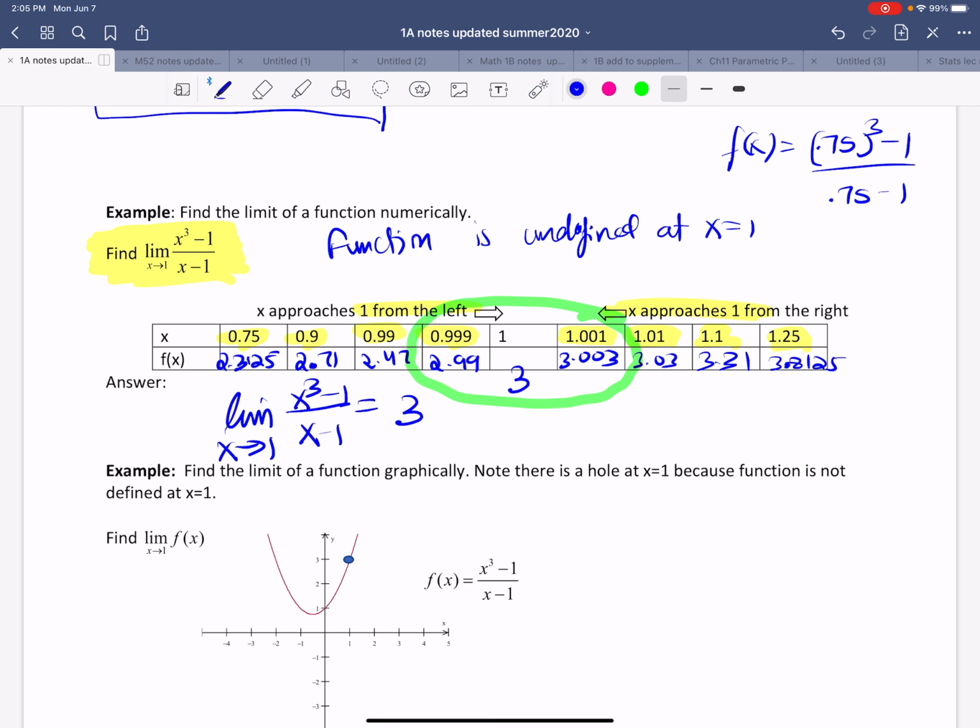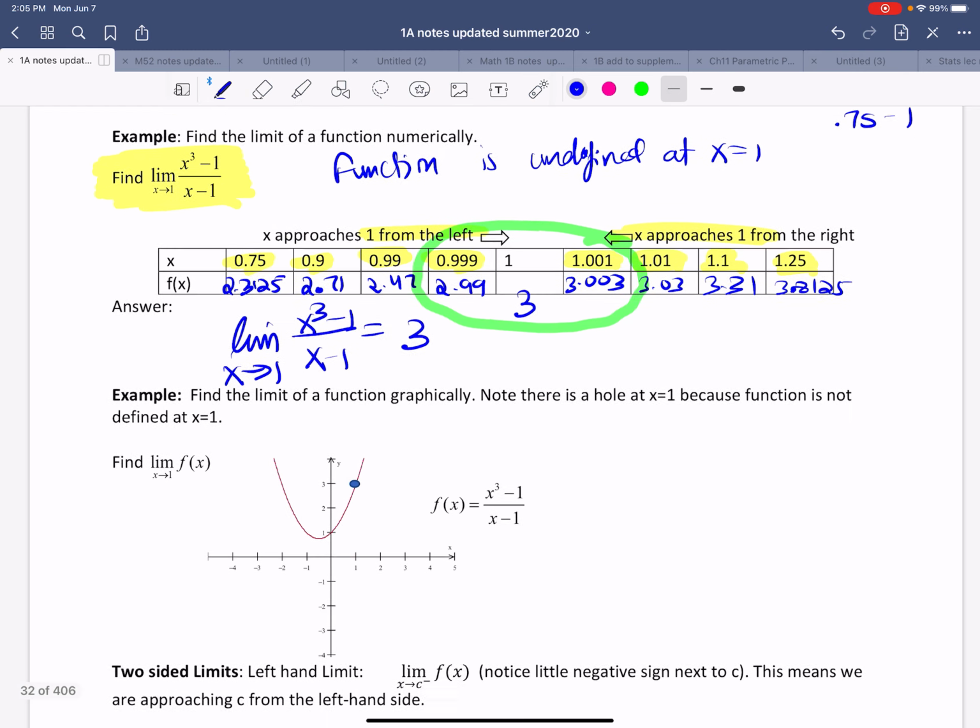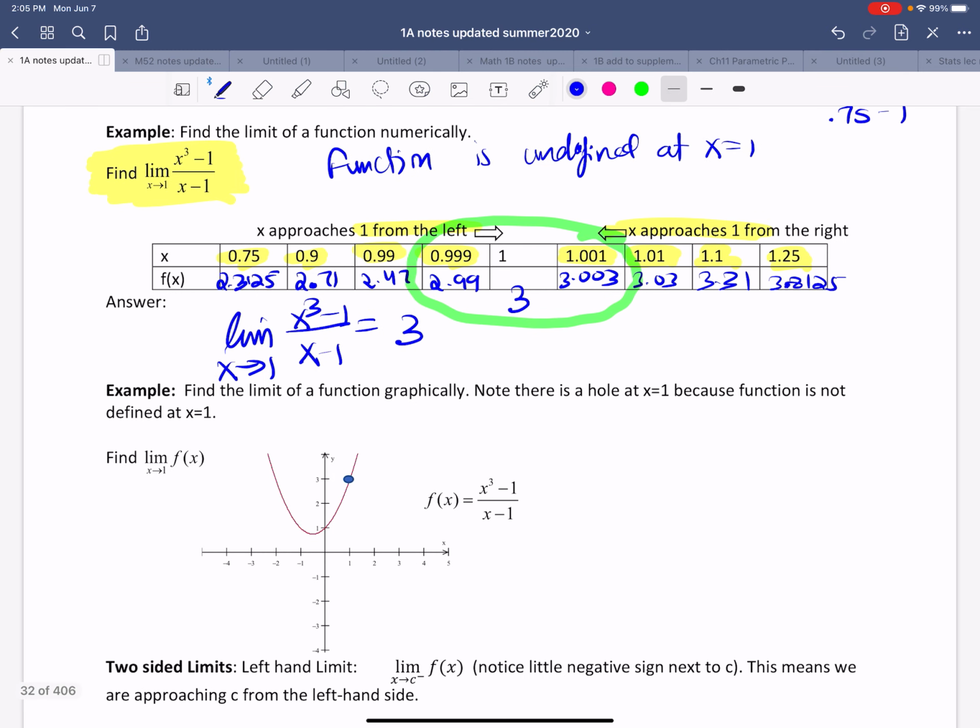And we can see it graphically as well. Right below, I do have a graph of this function. If you remember how to graph rational functions, go ahead and factor x cubed minus 1. It's going to factor into x squared plus x plus 1 times x minus 1, and the x minus 1 factors will cancel.